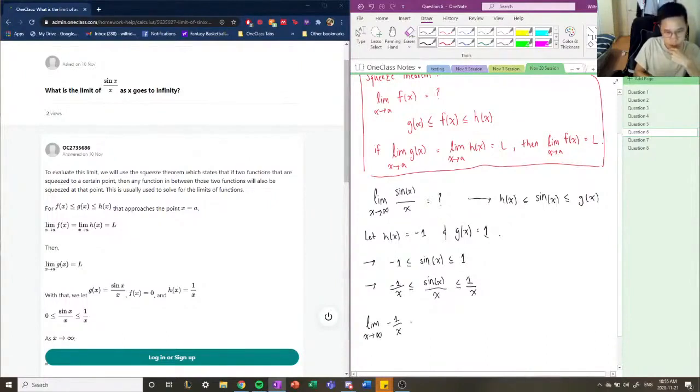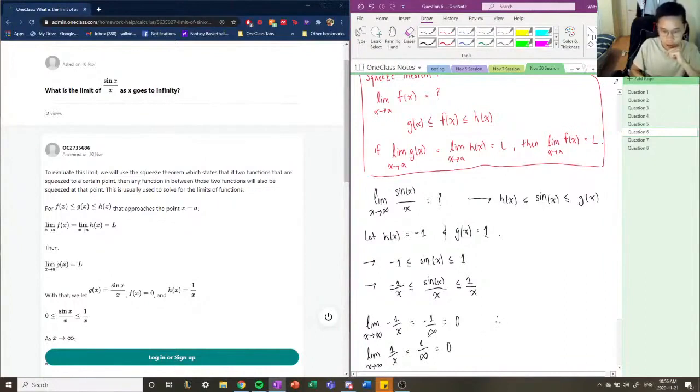Using substitution, that equals -1 over infinity, and we know that anything divided by infinity is going to be 0. How about the limit as x approaches infinity of 1 over x? That's the same thing. It'll be 1 over infinity, and we get 0. So those equal the same.